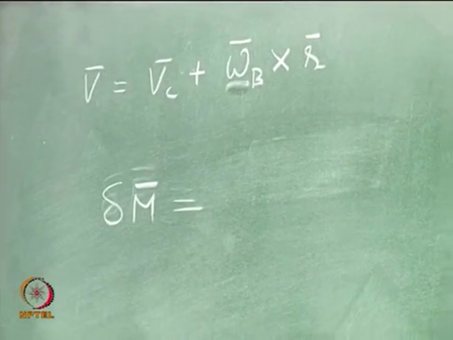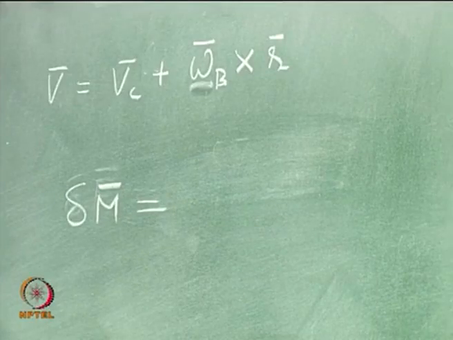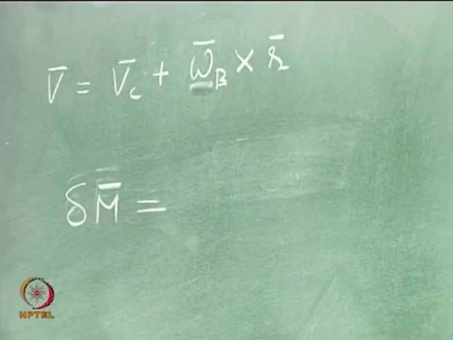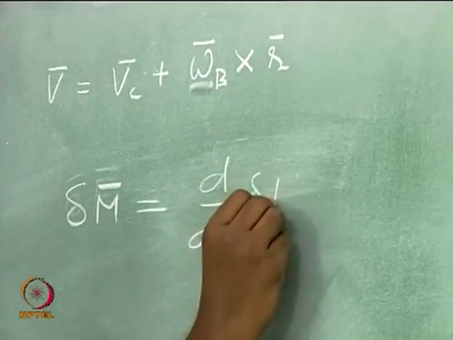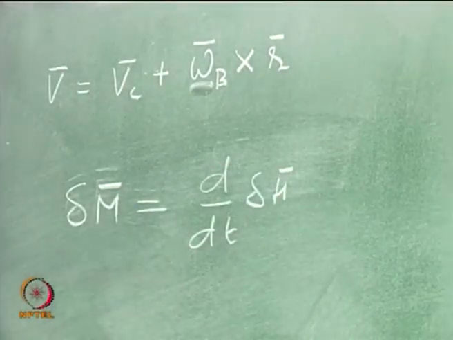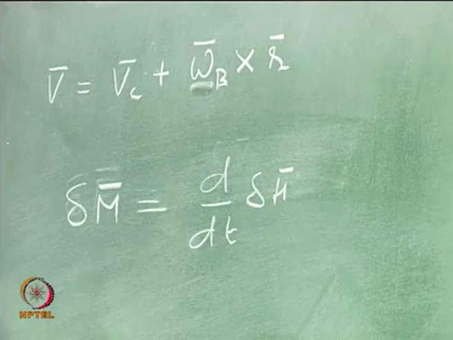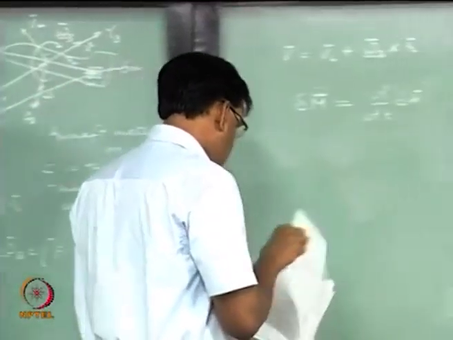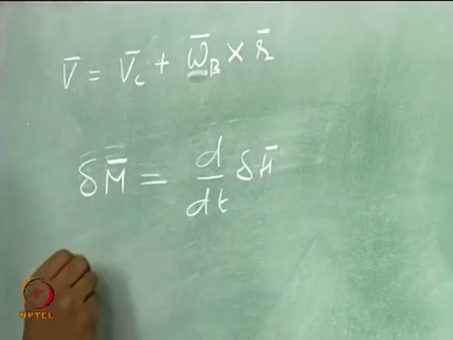how do you write moment? Like force is the rate of change of linear momentum, right. So, moment is the rate of change of angular momentum, right. Let us say delta h is the angular momentum of this elemental mass delta m.